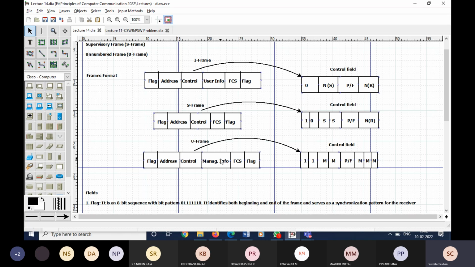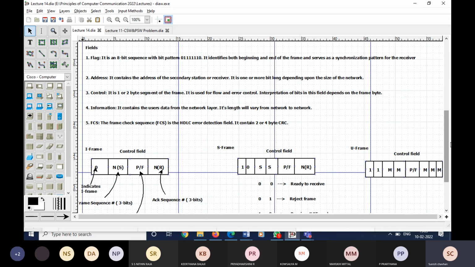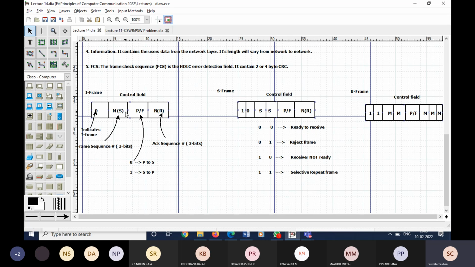Or you want to perform an operation, for example the asynchronous balanced mode operation or function, then we have a bit pattern here in the management information, right? Everything else is the same; only the control field will have the different operations or functions. Those details also we discussed in the last class, right?